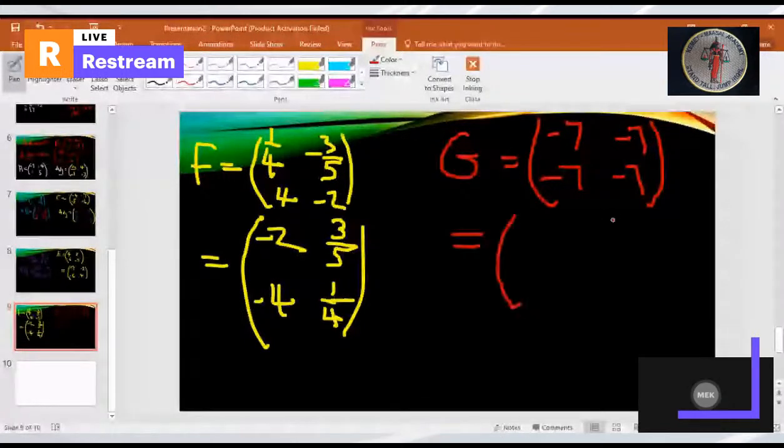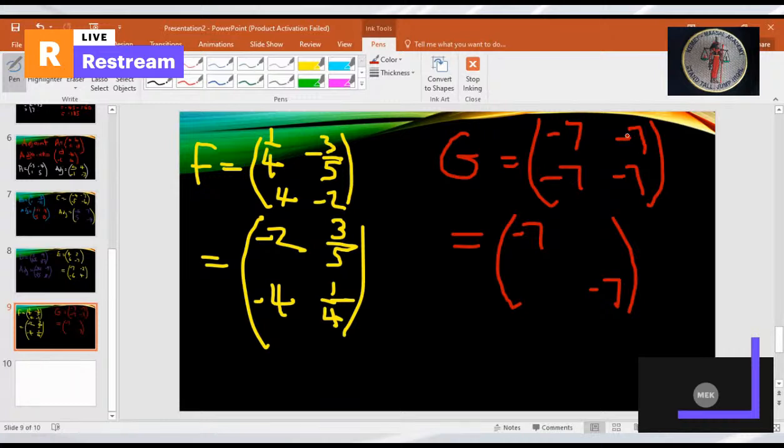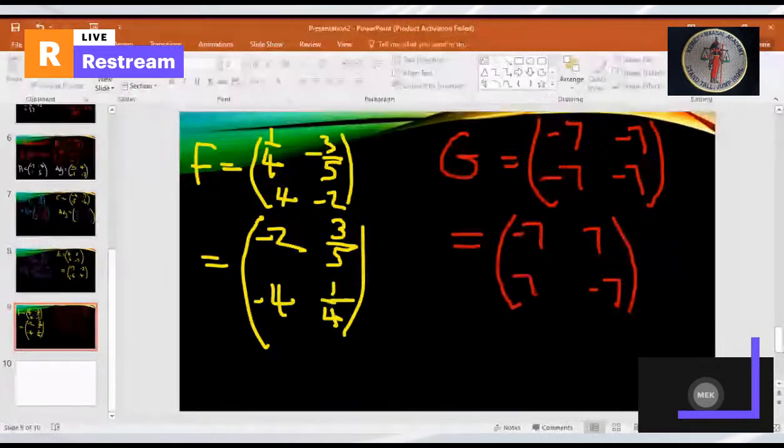What? We have to go to our extra one. This one doesn't count. So we're going to have -7, -7. Switch the A and the D and change signs for the B and the C. This one doesn't count. We have to do another one because it's a crazy one. All right.